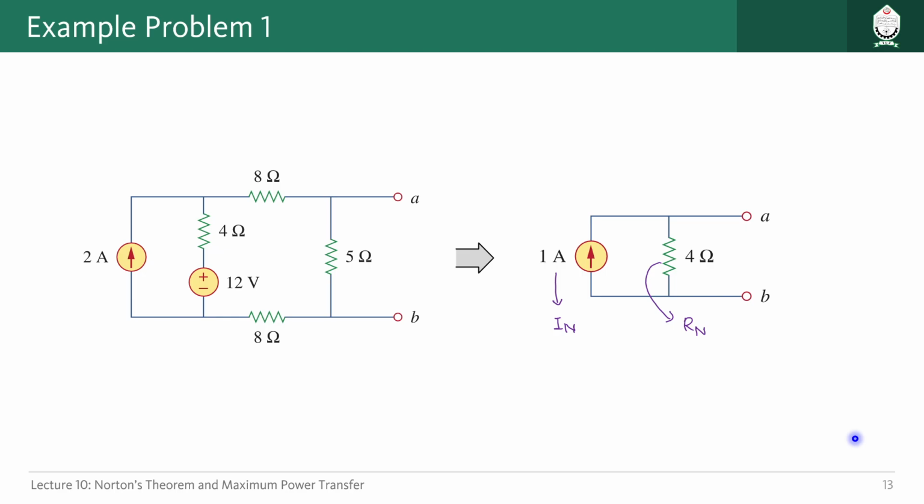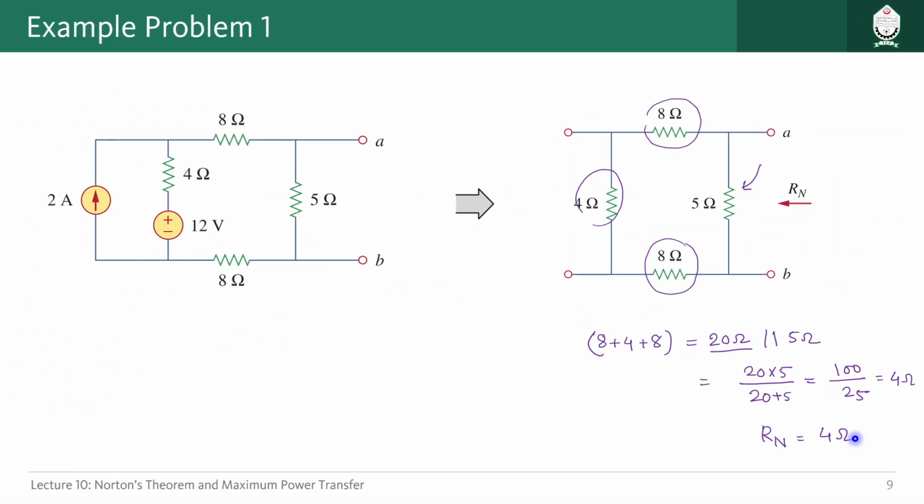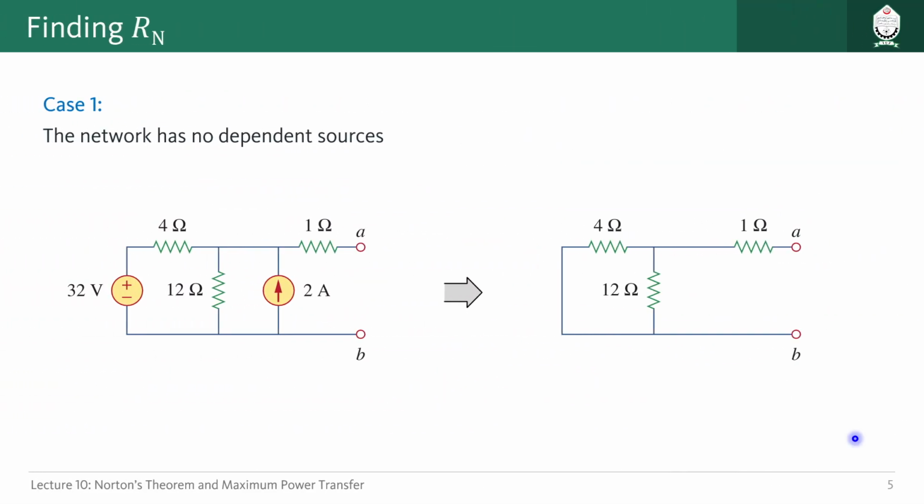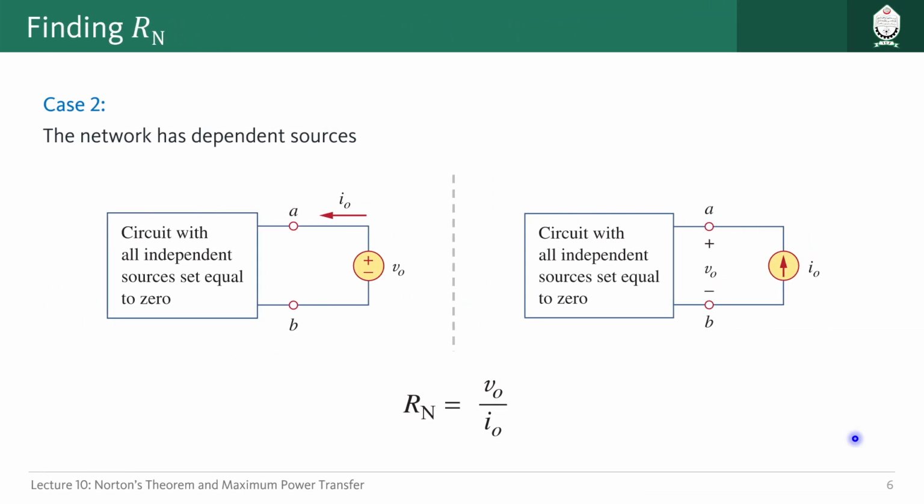Now let us look at case 2. Here, for finding Norton resistance, or Rn, we have case 2 where we have dependent sources in the circuit.